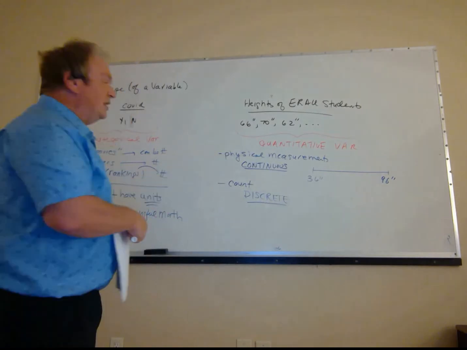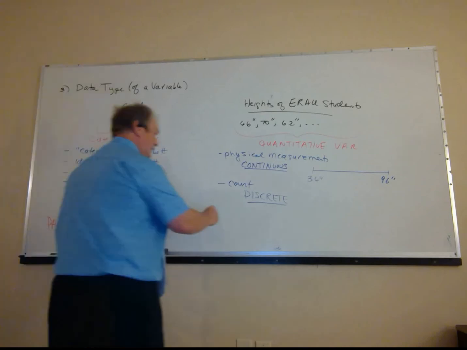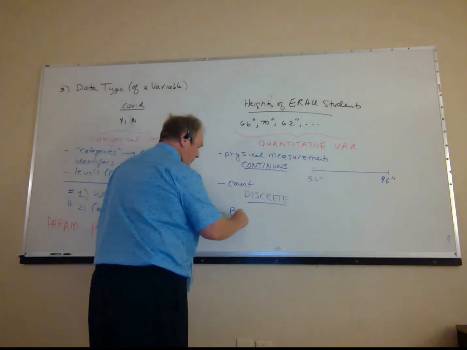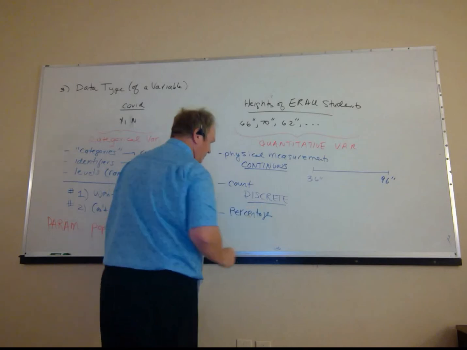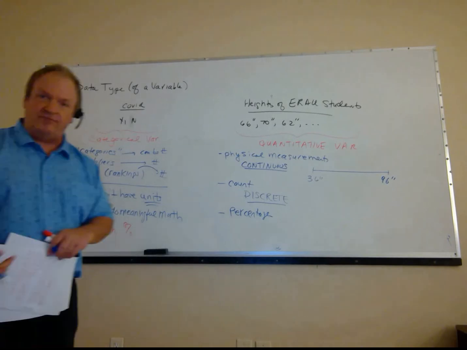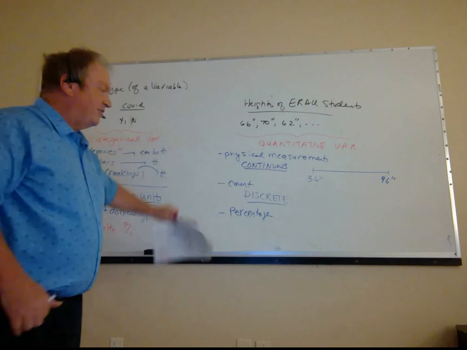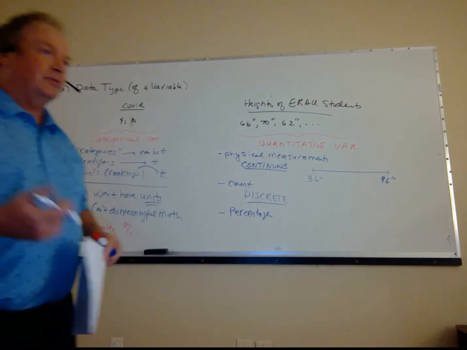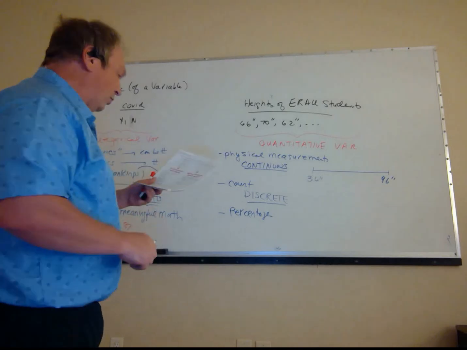The last one is the one that's the most missed by students, and that is percentages. Okay. So percent of the class watching this video, that's a quantitative variable. Now, what do all three of these things have in common? Suppose you get on an exam and you're looking at a question, you're like, I have no idea if this is quantitative or categorical.